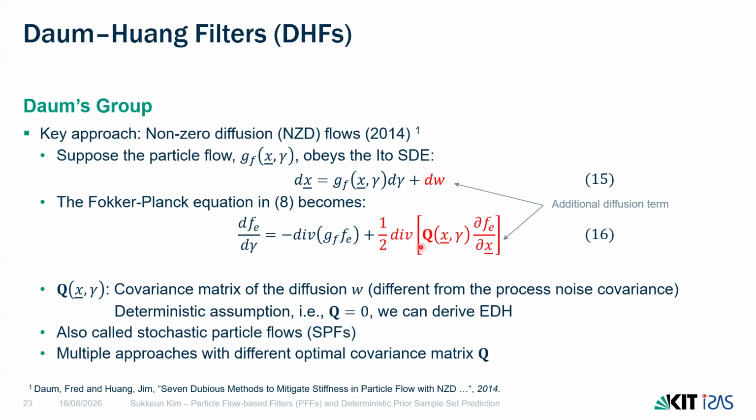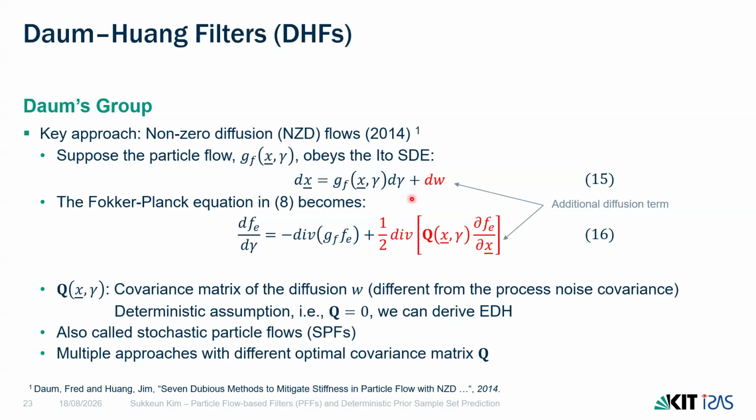The key of the non-zero diffusion case is to approximate this covariance Q. This is not the Q from the dynamics model, but it's for the particle flow, so please don't be confused with the other Q that we usually use for time propagation. But anyway, if you simply assume Q equal to 0, there's no diffusion, and it becomes basically the same as the previous ones, like the Gaussian flow.